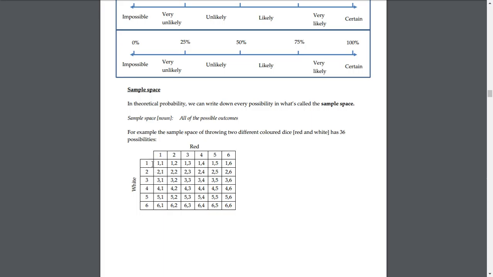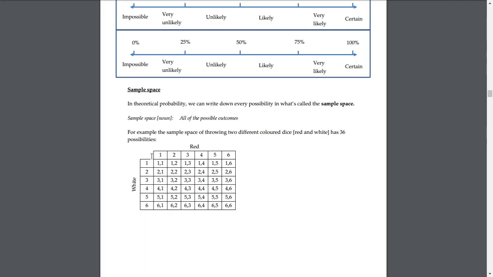So you can have the white die showing a 1 and the red die showing a 1, 2, 3, 4, 5, 6. Or the white die showing a 2 and the red die showing a 1. You can have the white die showing a 4 and the red die showing a 5.